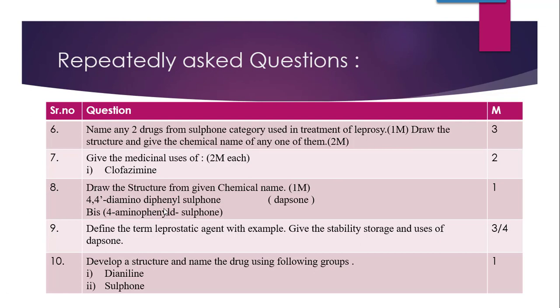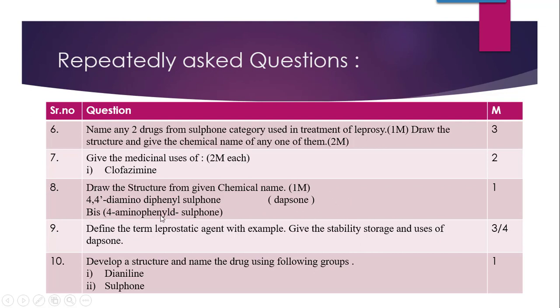Now here the question is on dapsone. There are 2-3 possible ways in which the question can be asked for the IUPAC name. The first IUPAC name is 4,4'-diamino diphenyl sulfone, so it is dapsone.